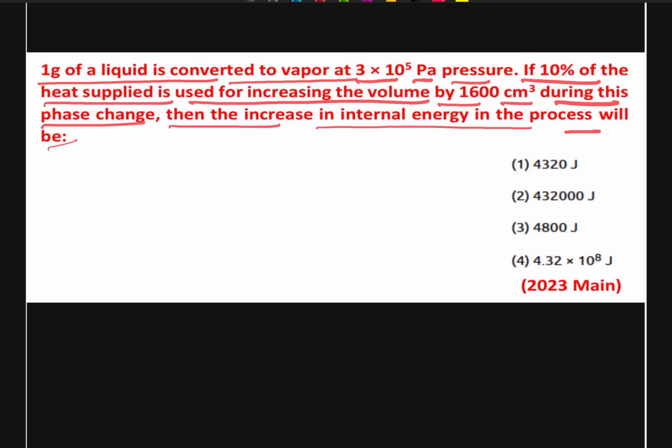So we have to find out the increase in internal energy, and it says that only 10% of the heat supplied is used for the increase in the volume, or we can also say that it is basically about the work done. So we are going to start with the work done.